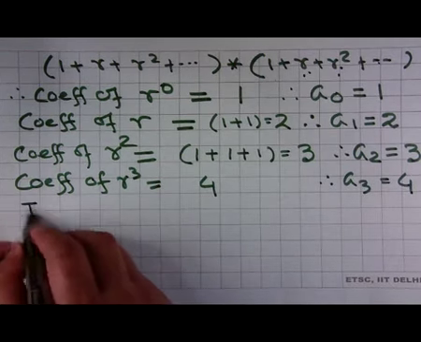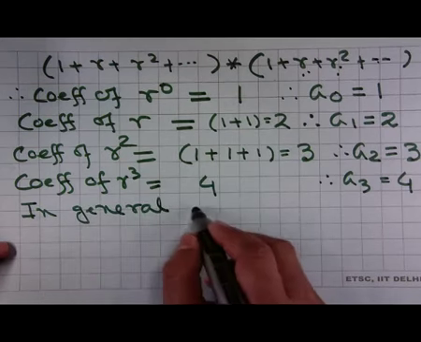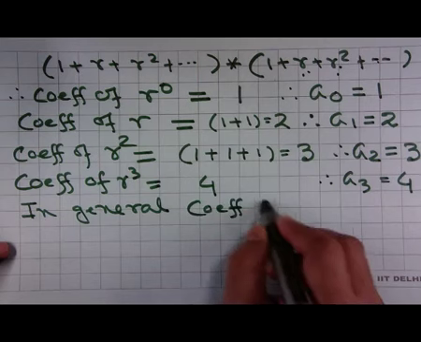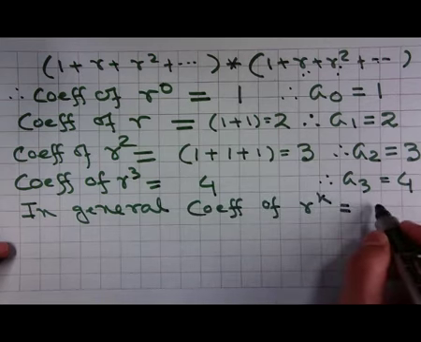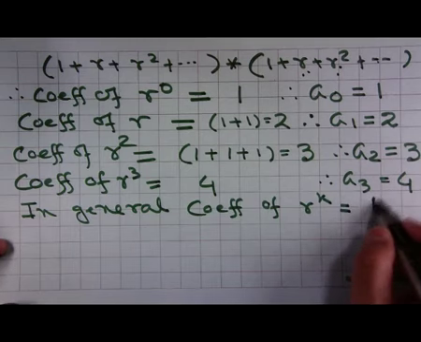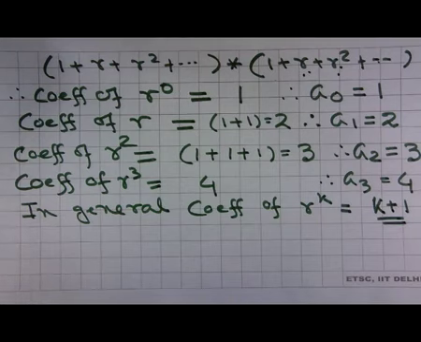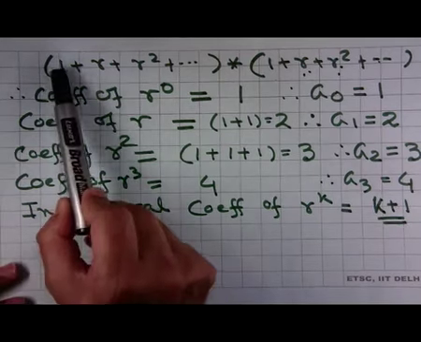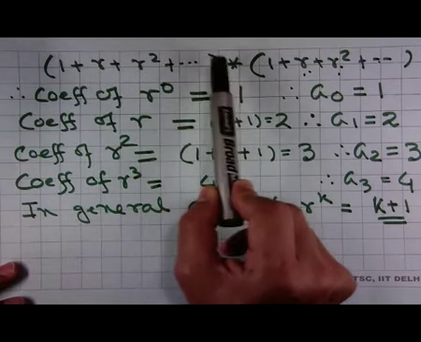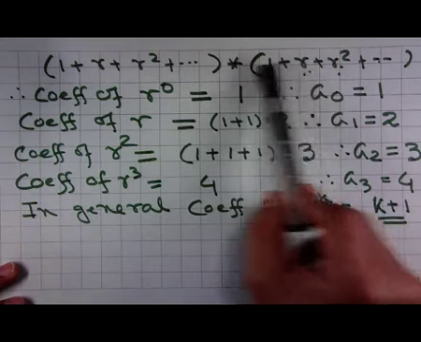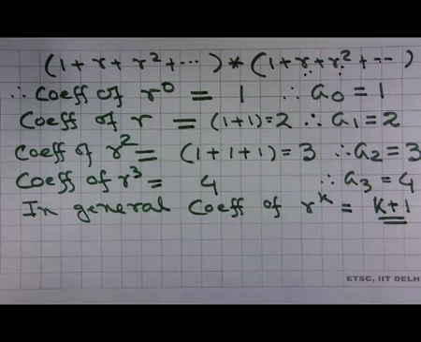In general, coefficient of r to the power k is equal to k plus 1, right? Because there will be k plus 1 terms, 1, r, r square up to r to the power k. Each one of them, when multiplied with one particular term here, will give you r to the power k.